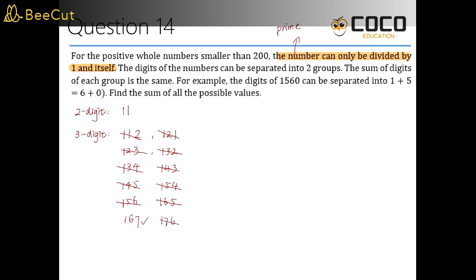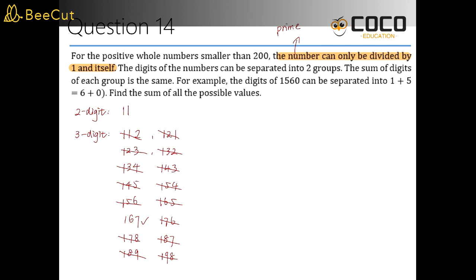176 is a multiple of 11. 178 is an even number. 187, multiple of 11. Then the last one will be 189. This is a multiple of 9, sum of digits is 18. Then 198 is also wrong. There's one more.